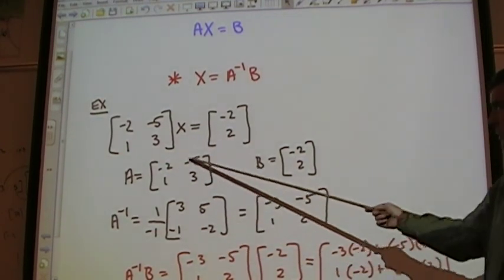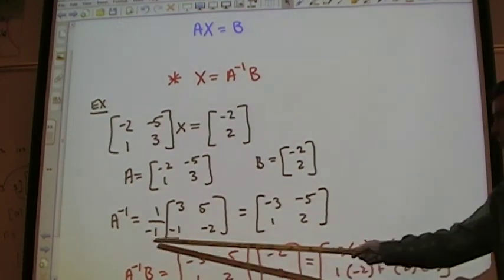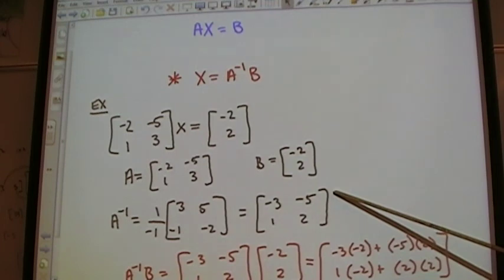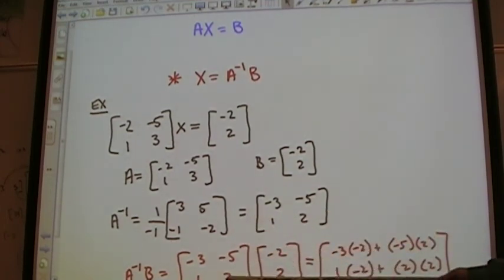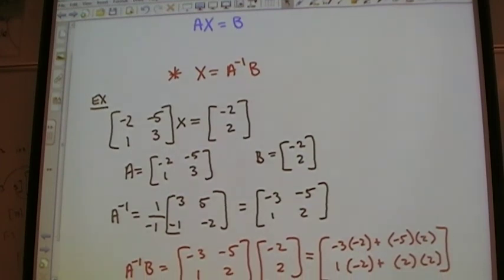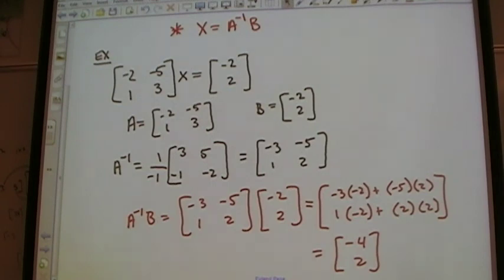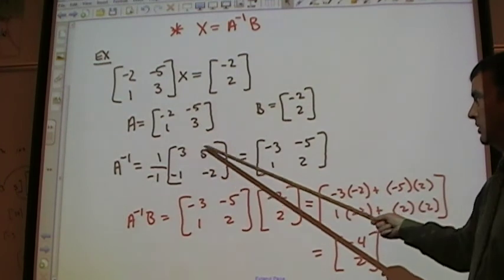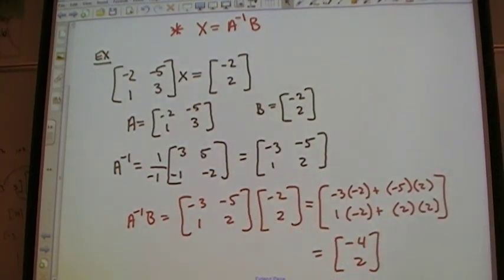Switch these two, negate these two. -1 is my scalar, so this is the inverse matrix. Then I took the inverse matrix and multiplied it to the B matrix. And I should have ended up with -4, 2. How'd you get the box under B? I multiplied -1 times each of these.